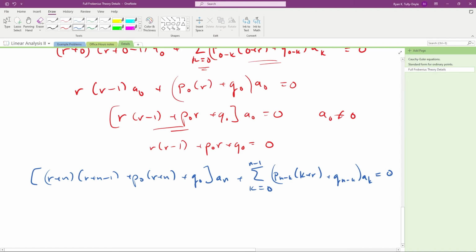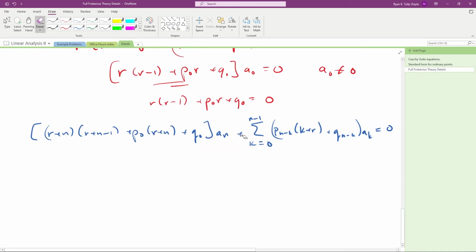And we can go a little bit further and say that what's actually happening here is we can write the recurrence relation like usual, like this. And we're going to define a function F(r). We can think of F(r) as being the equation that corresponds to the indicial equation from the Cauchy-Euler case. So F(r) is going to be r(r - 1) + p_0 r + q_0.